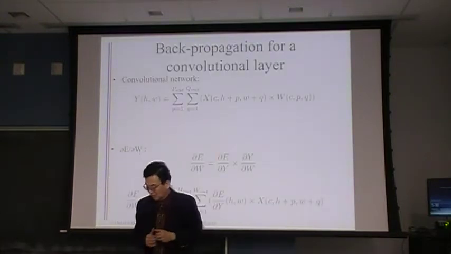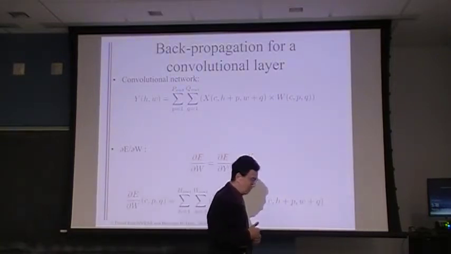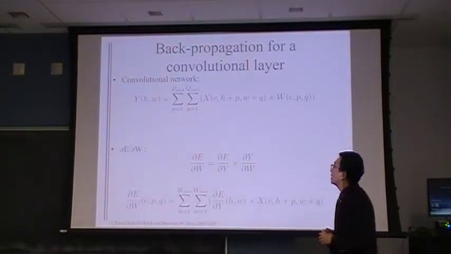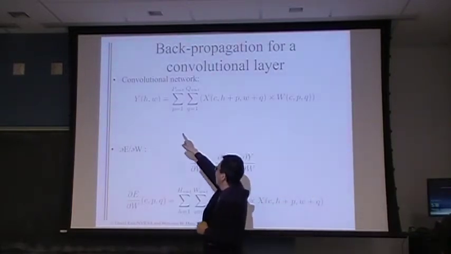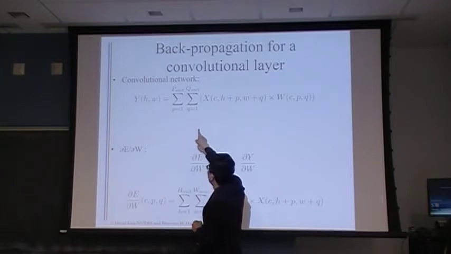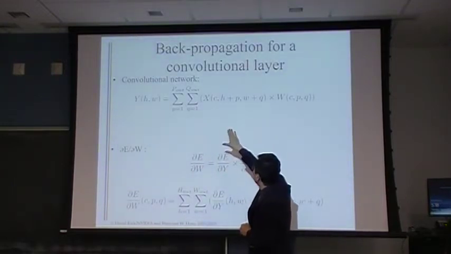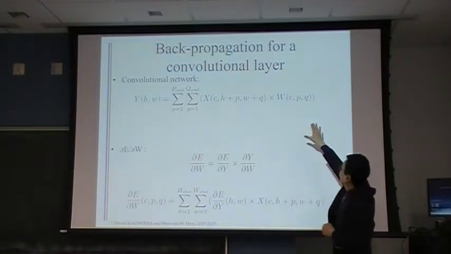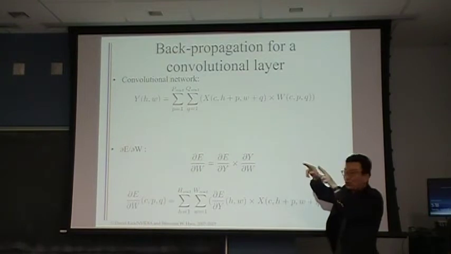If not, let's start. Let's take a look at the formula. In a convolution network, each output value is the sum of the input elements times the corresponding W element, right? That's the convolution.